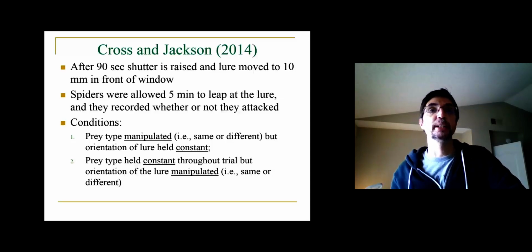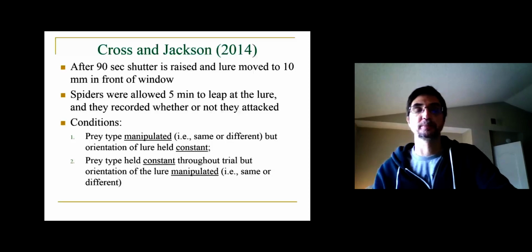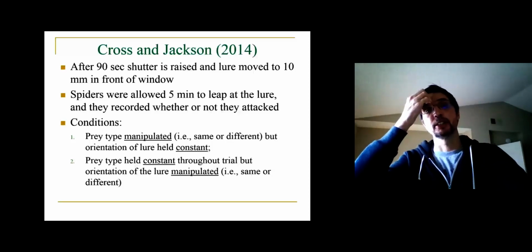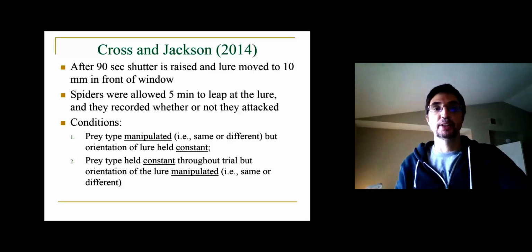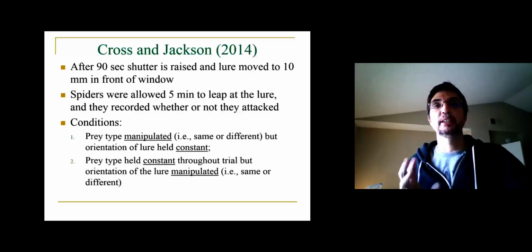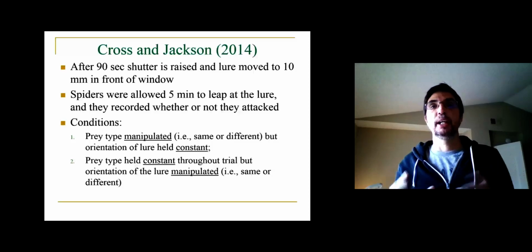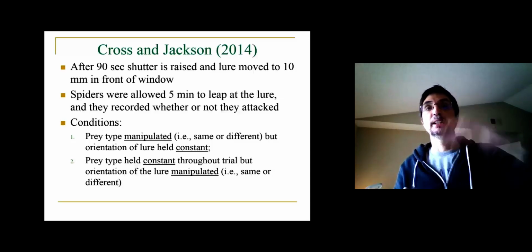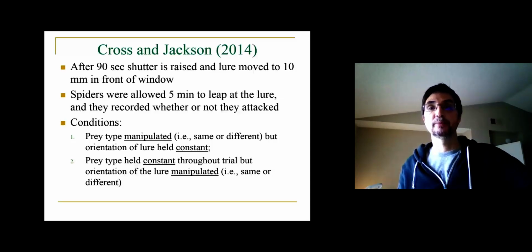What they recorded, the main dependent variable in this study, is the likelihood of them attacking the prey spiders. There were two main conditions in this study. In the first condition, they manipulated the type of prey: the type of prey was either the same at the beginning and when the prey reappears, or it was different.